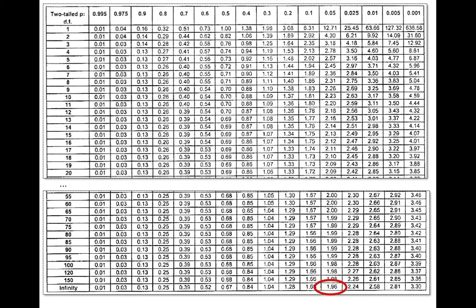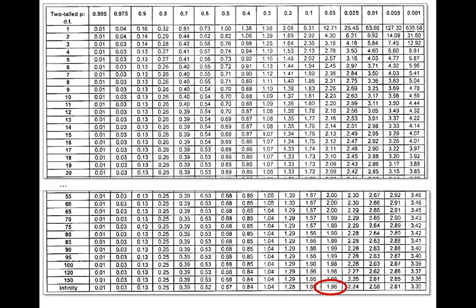You can easily figure out if a table is two-tailed or one-tailed by finding this number 1.96 and see what p-value it corresponds to. Here it is 5%, and that means that we get the probability for both the tails in the distribution.